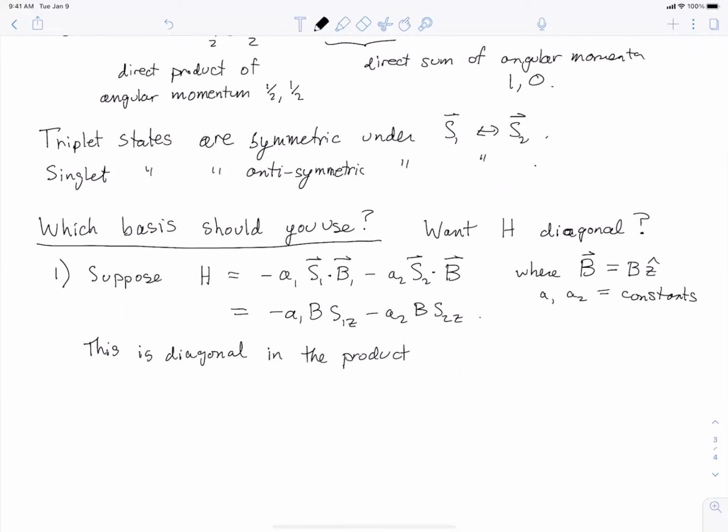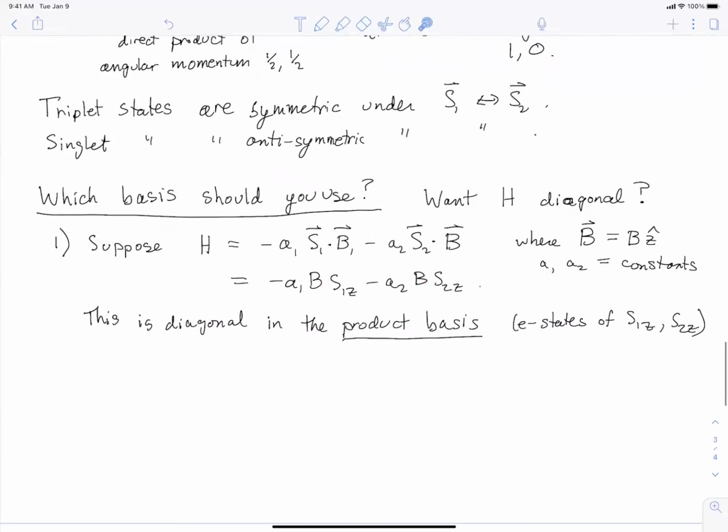So if you see a term like that, that's a signal that you probably want to be using the product basis. The product basis is eigenstates, by definition, of S1z and S2z. And so if you're in such eigenstates, these terms will be automatically diagonal in that basis.